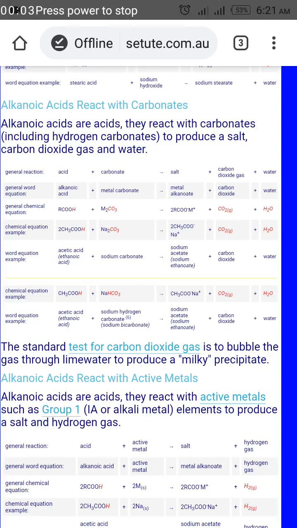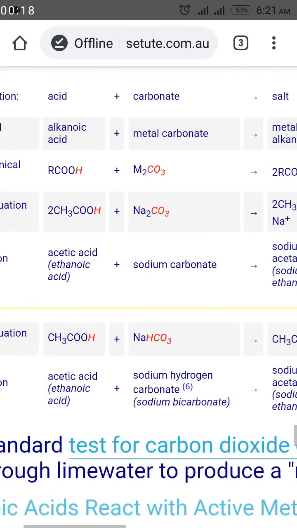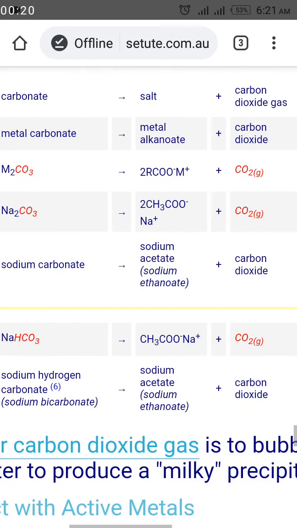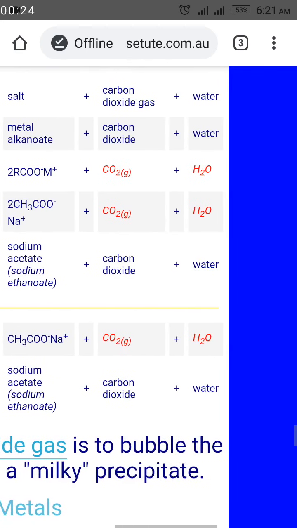And a reaction between alkanoic acids and carbonate. Alkanoic acid reacts with carbonate to produce the salt, carbon dioxide gas, and water. Look at it. Acetic acid, that's ethanoic acid, is reacting with sodium carbonate to give you what? Sodium acetate, carbon dioxide gas, and water.